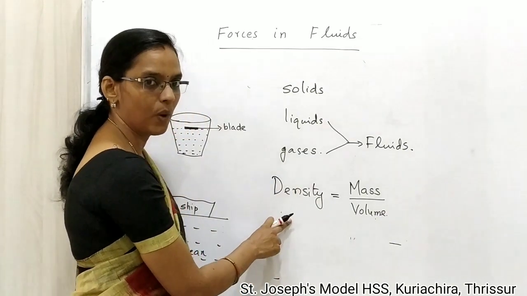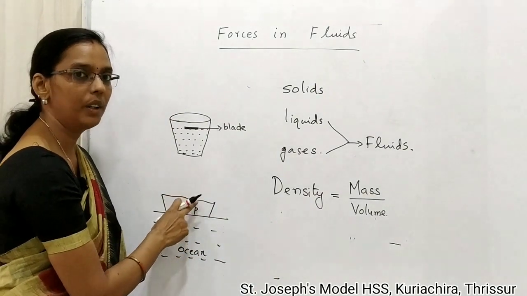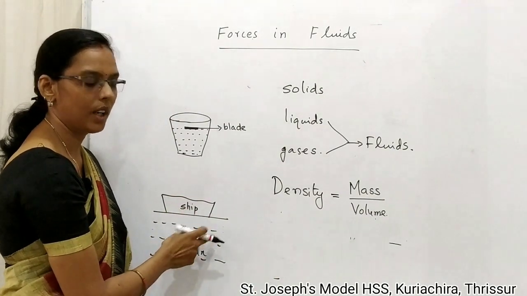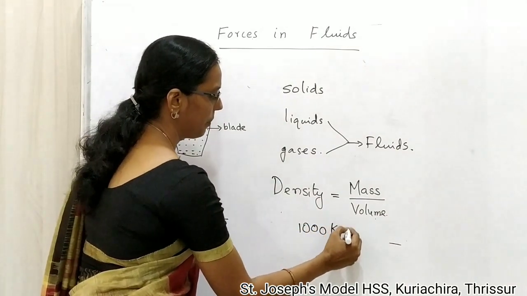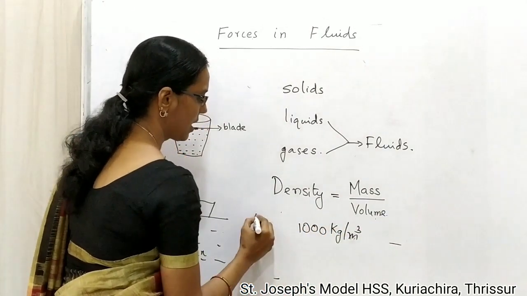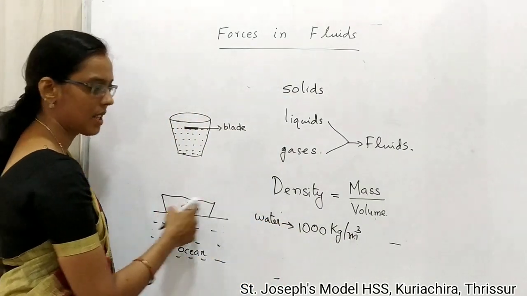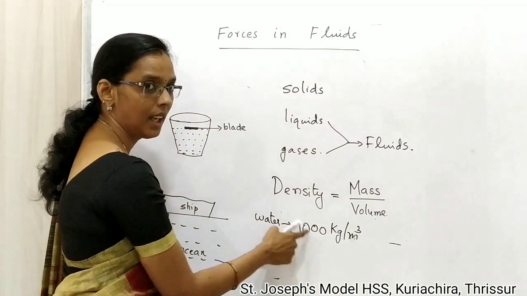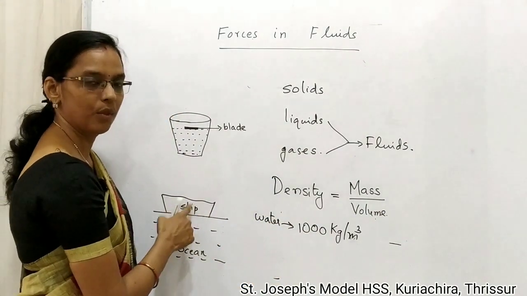If density is small, then such substances float on water, because water has a density of 1000 kilogram per meter cube. So, if the substance has less density than water's density, such substances float on water.